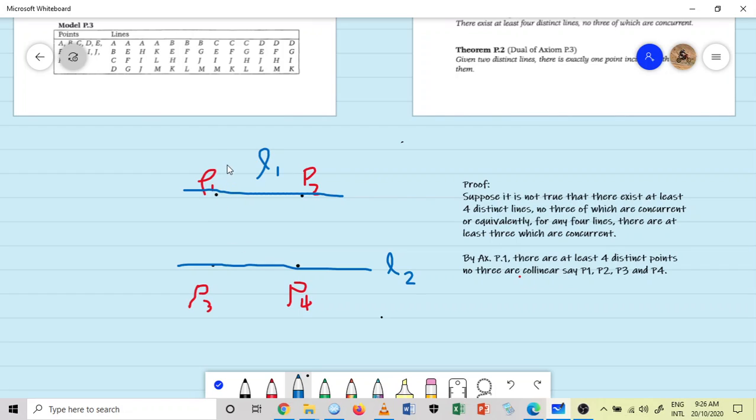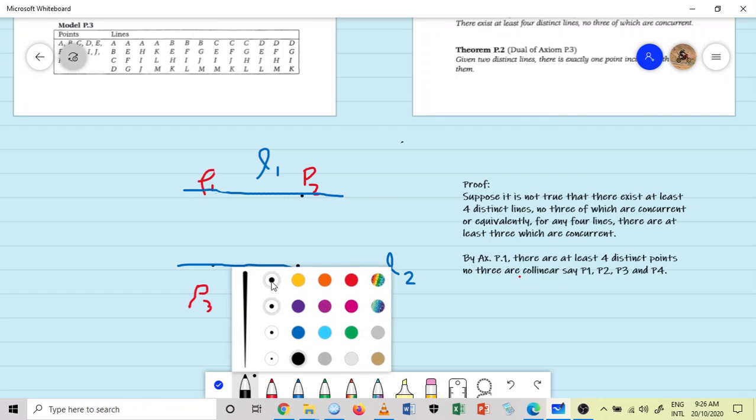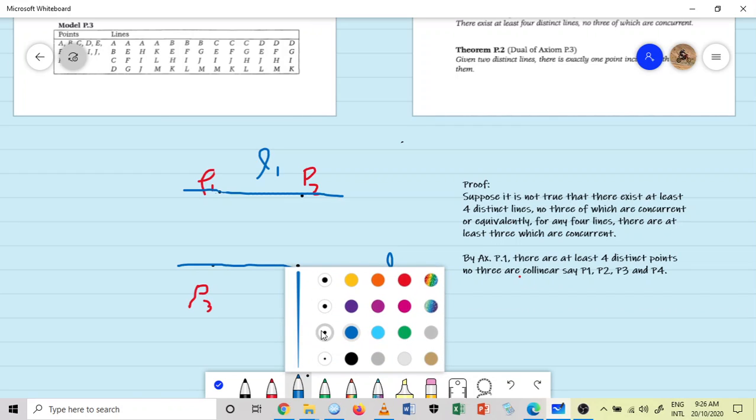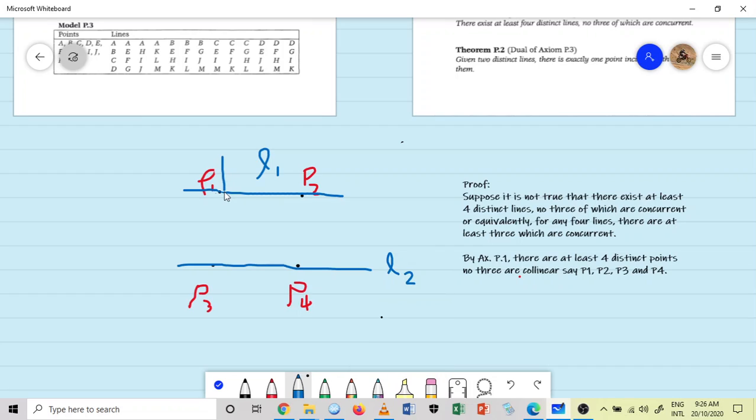There is also a line containing P3 and P1.